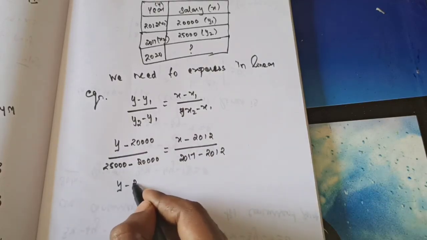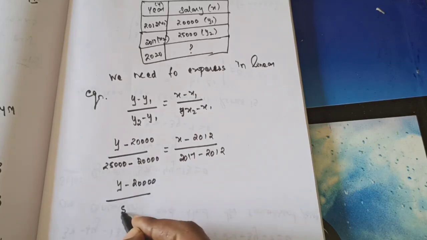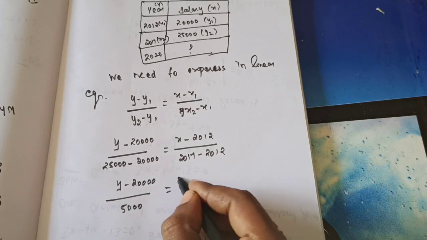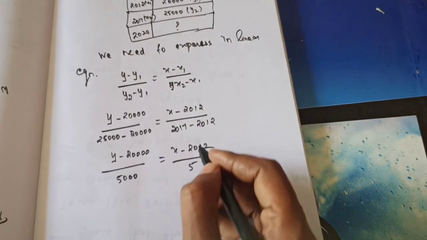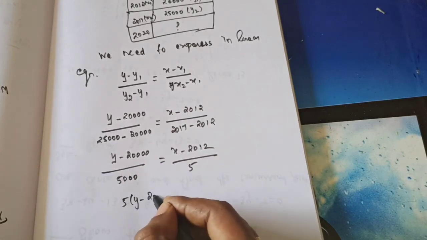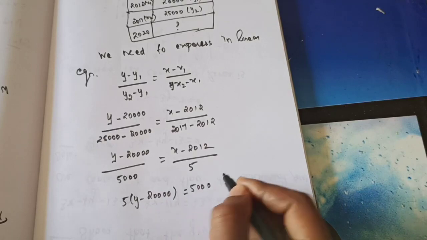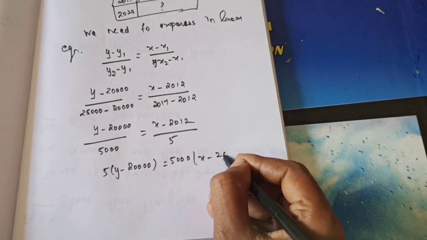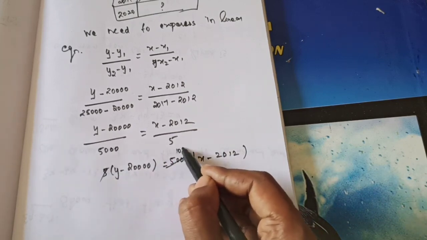So y minus 20,000 divided by 5,000 is equal to x minus 2012 divided by 5. Now cross multiply: 5 into y minus 20,000 is equal to 5,000 into x minus 2012. We can easily cancel, then you will get 1,000.